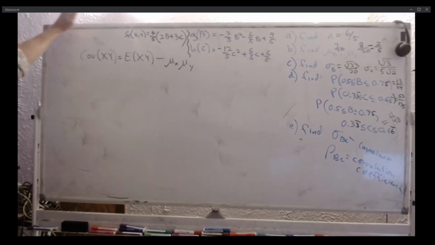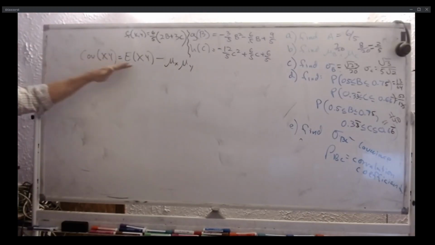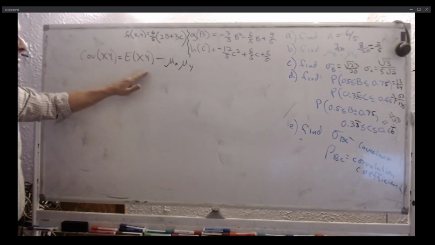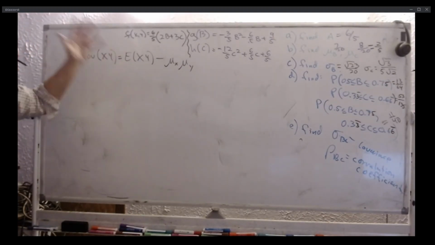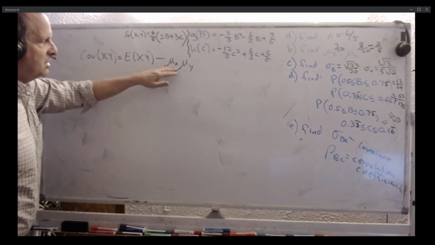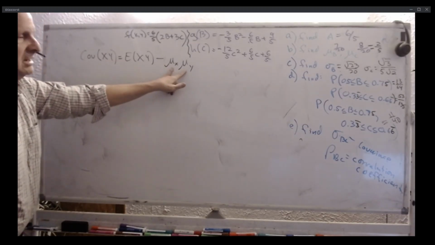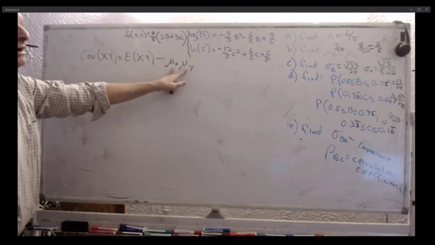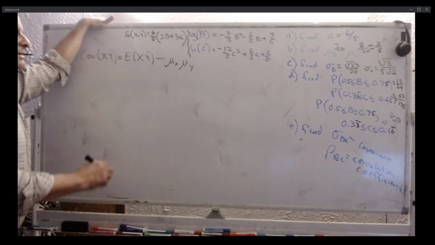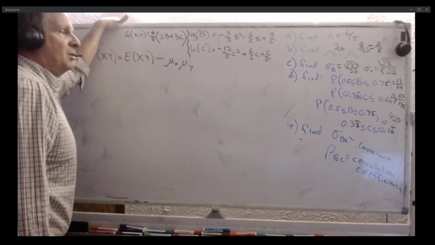Well, here we have that mathematical expectation once again. So we've got a double integral to do again, and we've got to subtract off a couple numbers. But guess what? We already have these numbers. We've already got them. And actually, what is mu sub x times mu sub y?